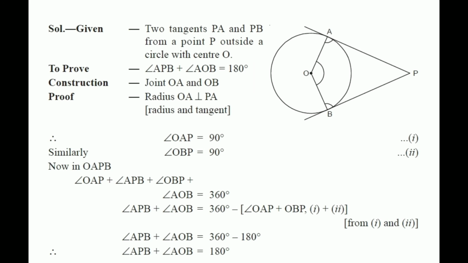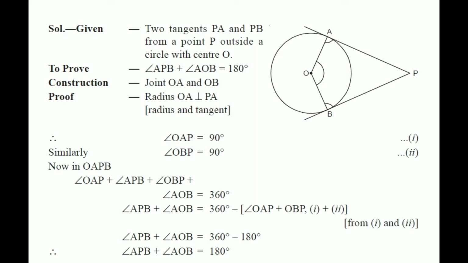Then we have to join the contact points with the center of the circle, means radii are drawn. Then we have to prove that angle at the center and angle at the exterior point, they both are supplementary, means their sum is 180 degrees. So in the given figure, it is angle O plus angle P. Their sum should be 180 degrees.